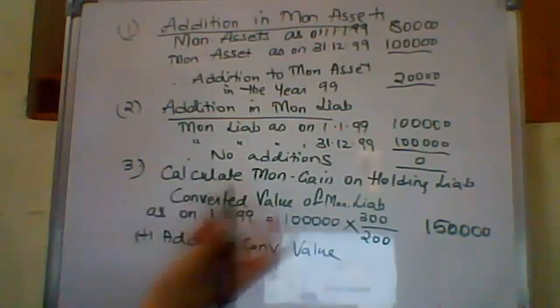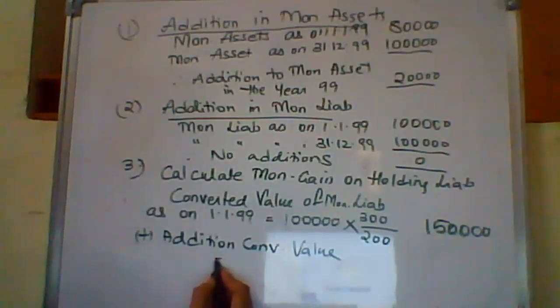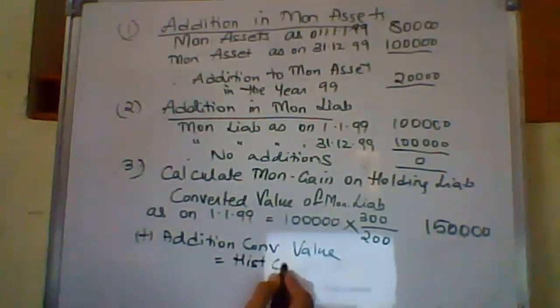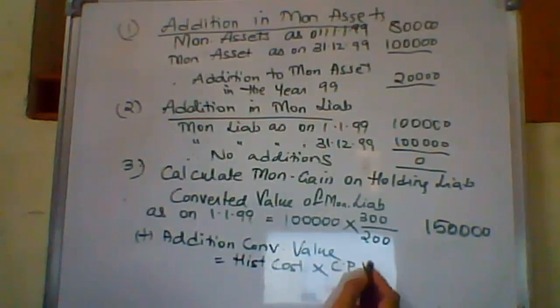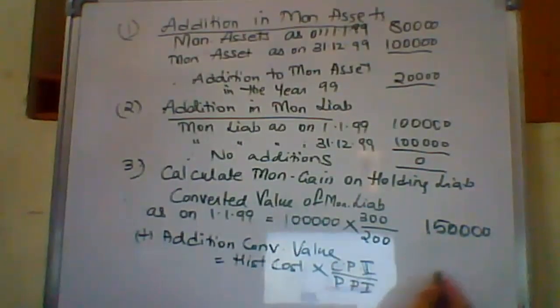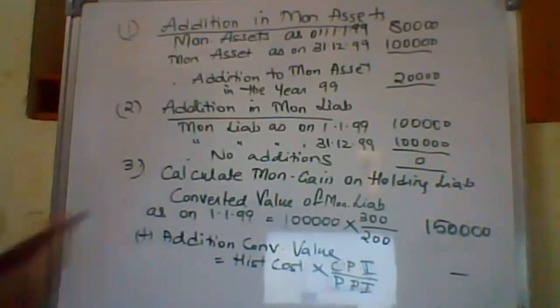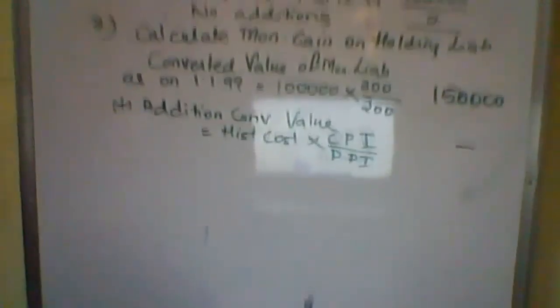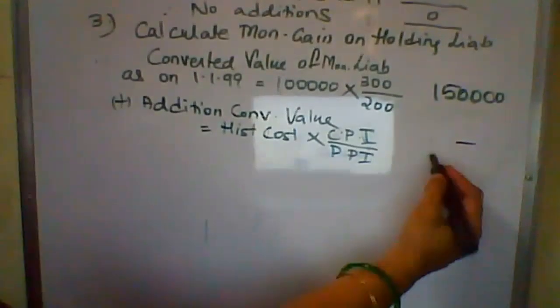If it would have been there, I would have written historical cost into current price index divided by previous price index. But here I don't have the amount itself, so I don't have the converted value of the additions.